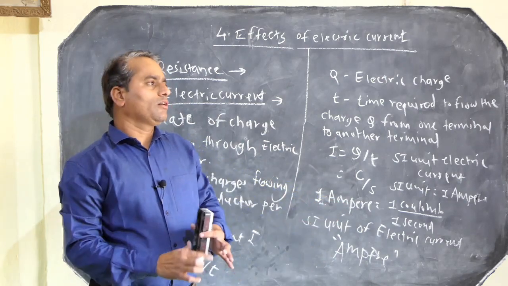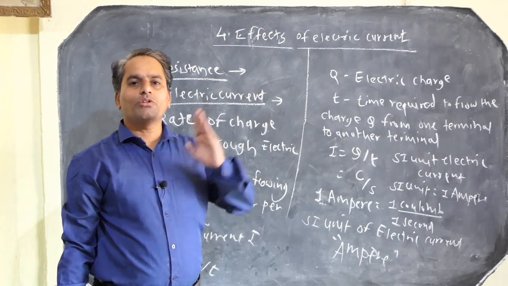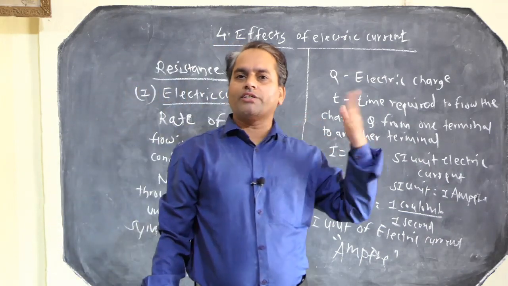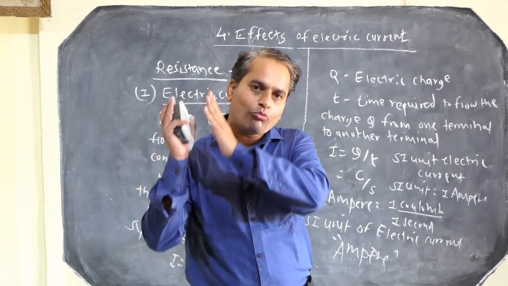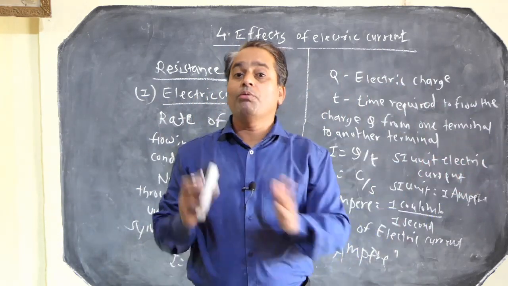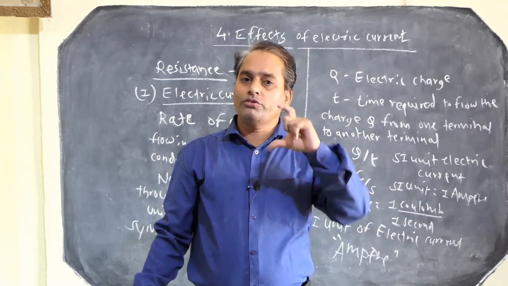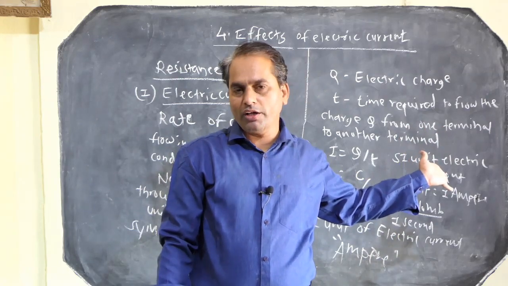That is the unit for a single charge flowing from one terminal to another terminal. When a group of charges flows from one terminal to another per unit required time, that ratio is equal to the electric current. We know that property from 9th standard.